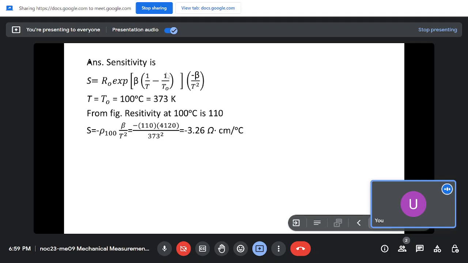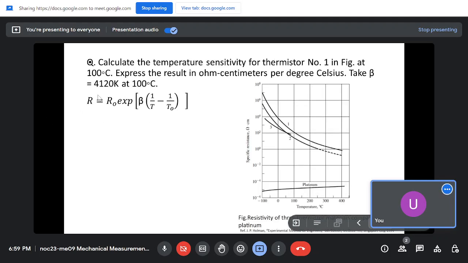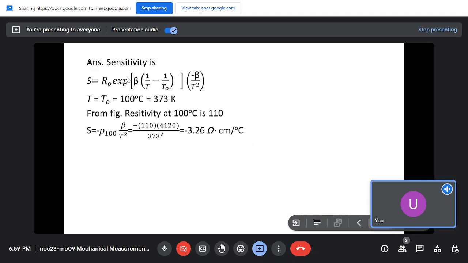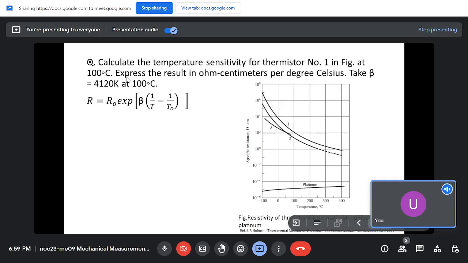The 1 by T gives minus 1 by T square, and beta as it is. So this is the sensitivity relation, and 100 degrees Celsius is the reference temperature. So from the curve for 100 degrees Celsius, it's somewhat more than 110, so we assume it's 110.